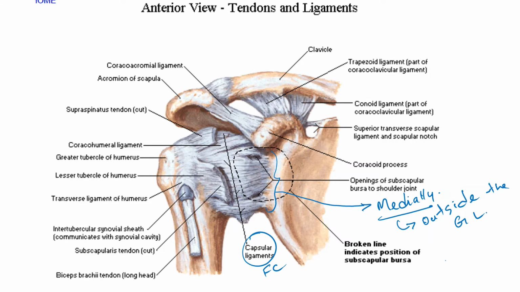And this attachment of the fibrous capsule over the glenoid cavity includes the attachment of the long head of biceps, which is taking its attachment from the supraglenoid tubercle.